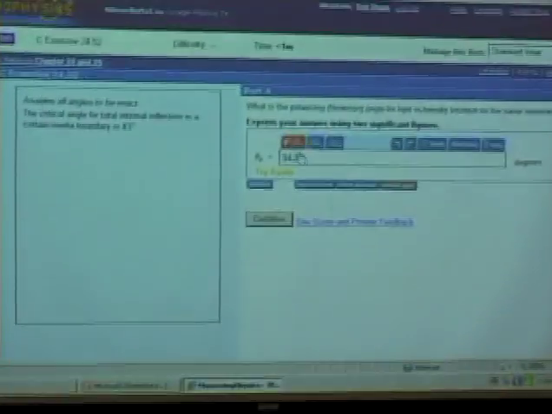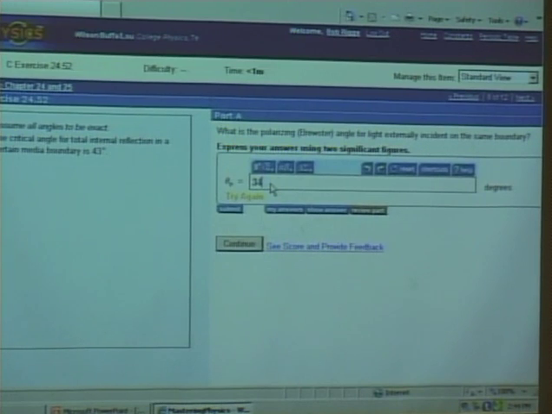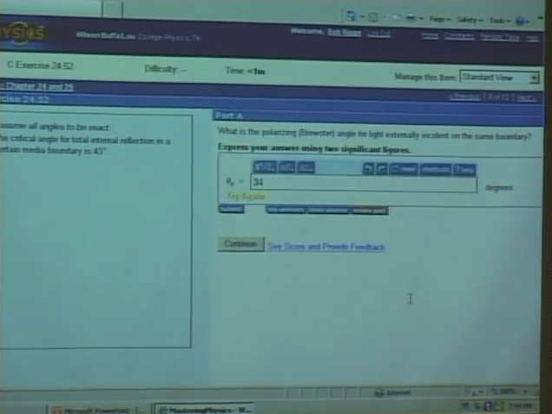All right, so let me see. 34.3. Here we go. 34.3. Drum roll, please. Submit. Try again. All right. So try 34. Try again.